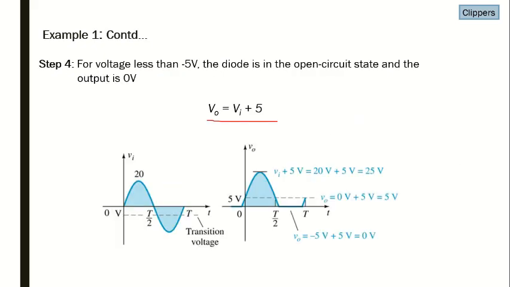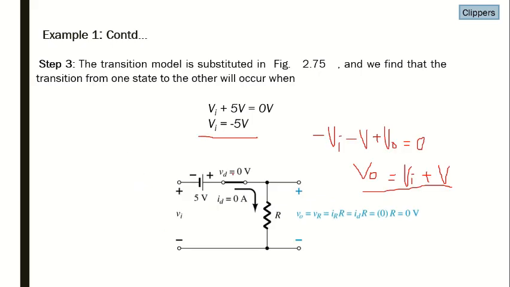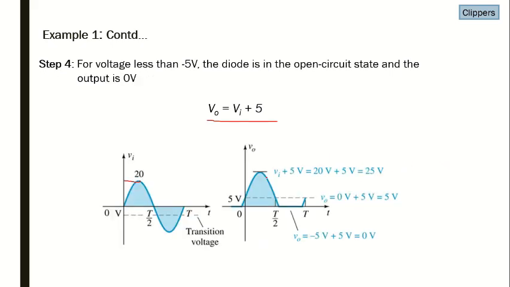So let's see what we got here in the output signal. We have a potential of 0 volts up to a maximum magnitude of 20 volts. Coming here, when Vi, the applied potential, is 0 volts, we are getting an output of plus 5.